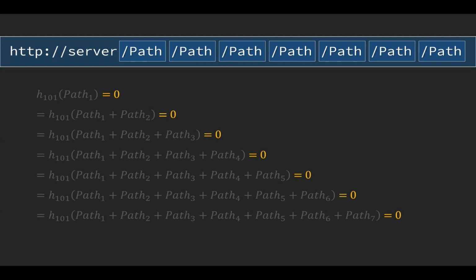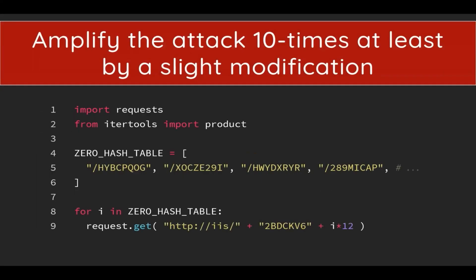So we can satisfy all the equations if we map the hash of each subdirectory to 0. So we can prepare a set of 0 hashes and amplify the attack 10 times at least by a slight modification.